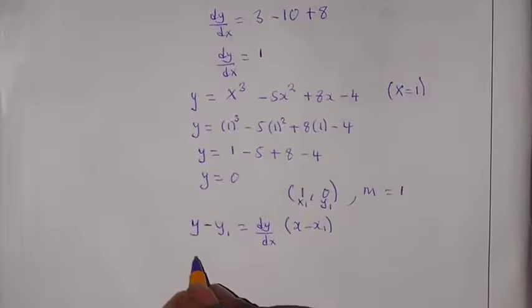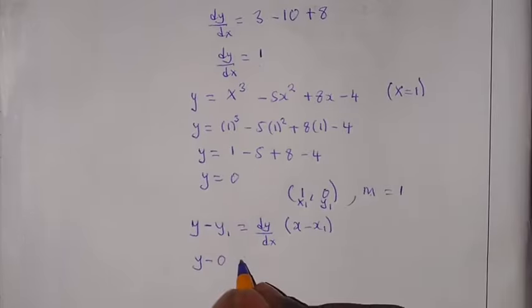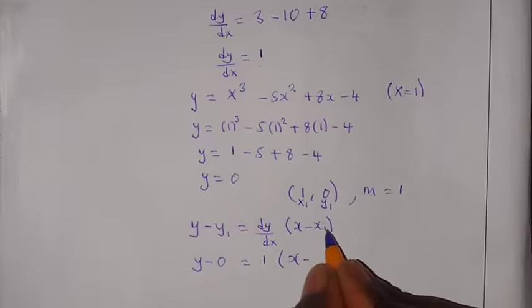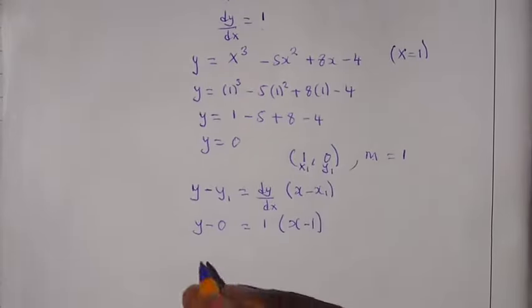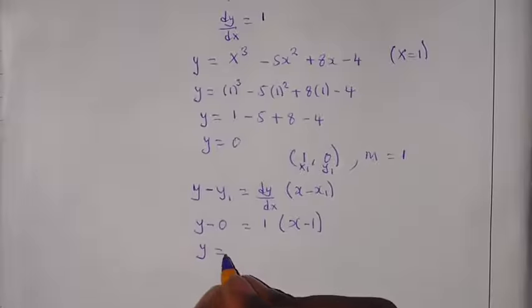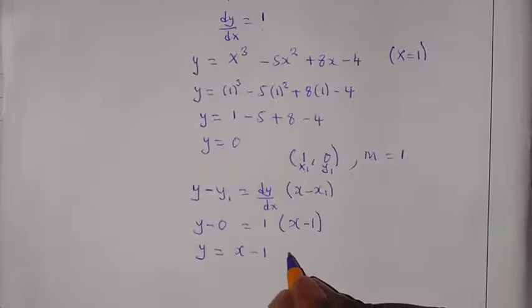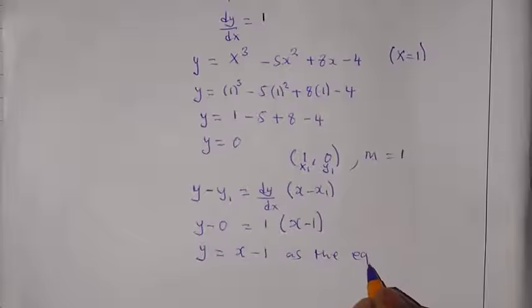So let's just substitute y minus, where there is y1, we put this 0. Where there is gradient, we put a 1 there, open bracket, x minus, where there is x1, we put a 1. Okay, so you can see this 0 won't make any difference. So just write y equal to 1 times x, it's x, 1 times negative 1, it's negative 1. So this is our equation of the tangent.